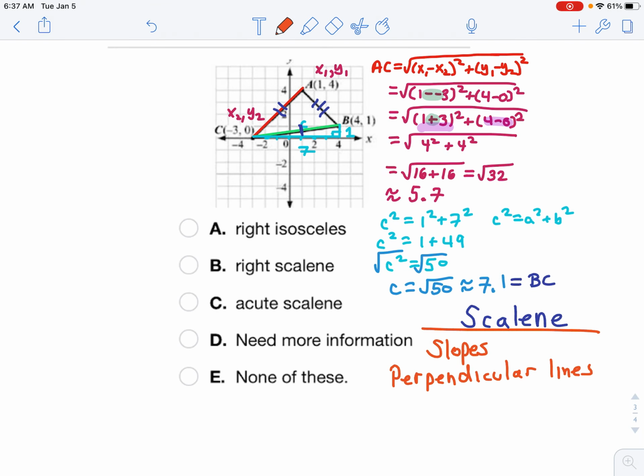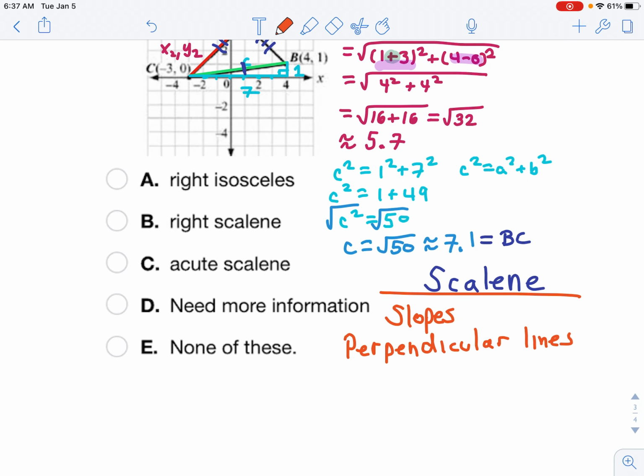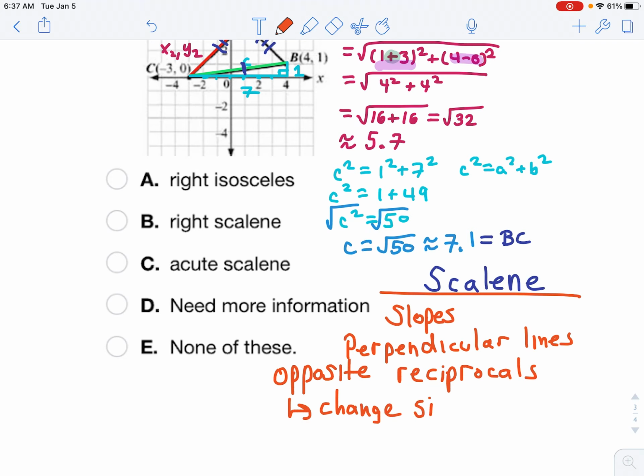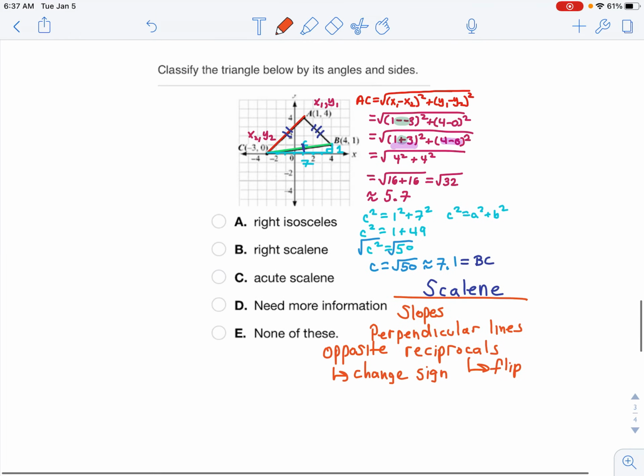And what's so great about perpendicular lines? Their slopes are opposite reciprocals. That means you change the sign, so a positive to negative, or negative to positive, and reciprocal means you just flip.